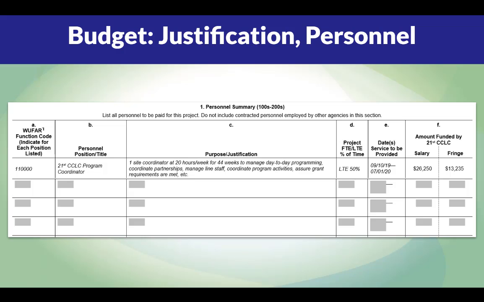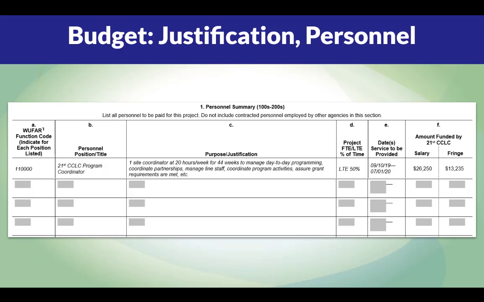If a vacancy exists which will be filled, indicate vacant. In the third column, C, Purpose and/or justification, include the quantity of positions, hours per week, and weeks per year the position or positions will be filled, as well as a brief justification for the position. Refer to the italicized example for help.